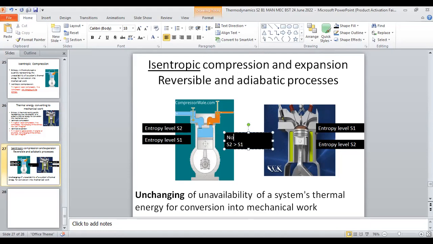This is non-isentropic, as opposed to isentropic. Non-isentropic expansion or compression: the final entropy level is higher than the initial entropy.